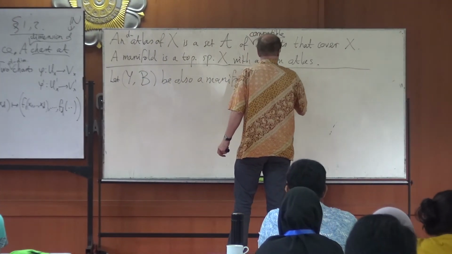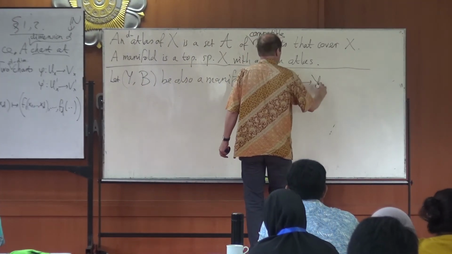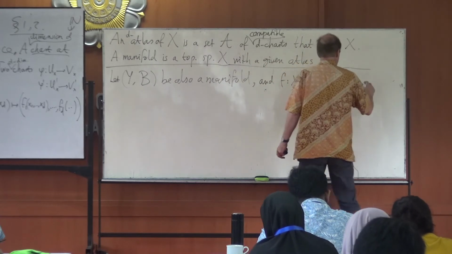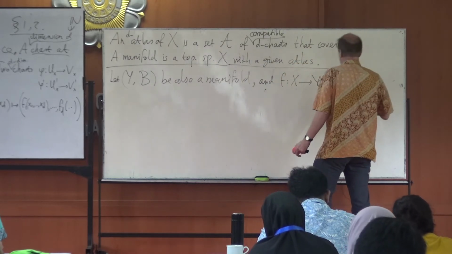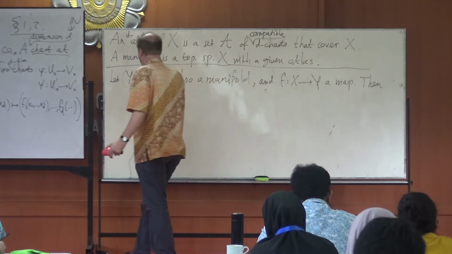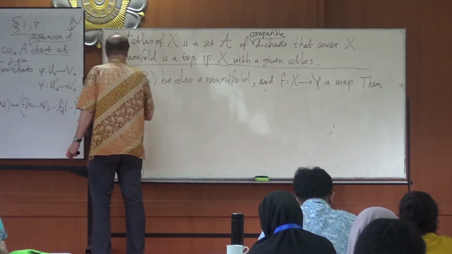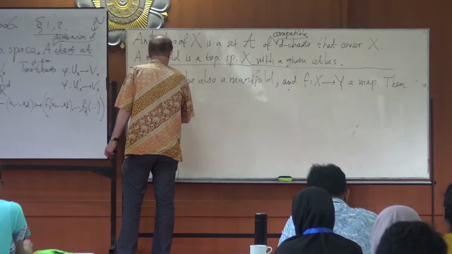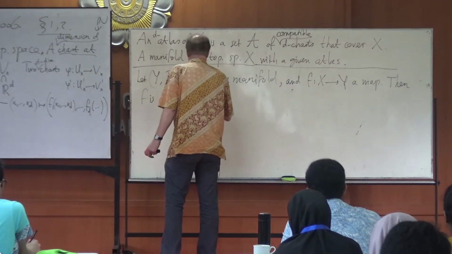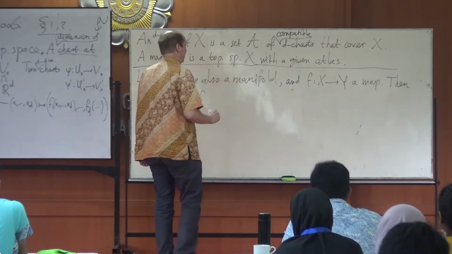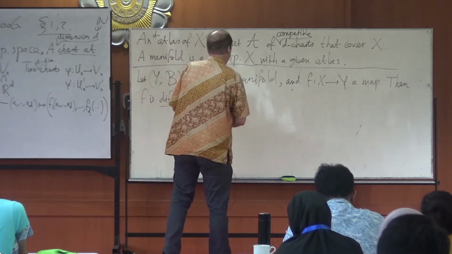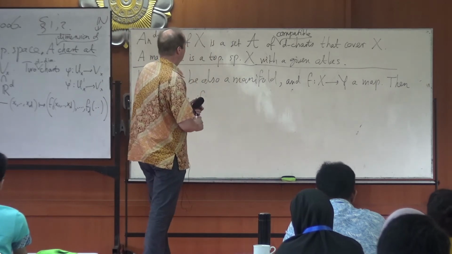And F from X to Y, a map. F is called differentiable if, well, let me say, how can I say this the quickest?